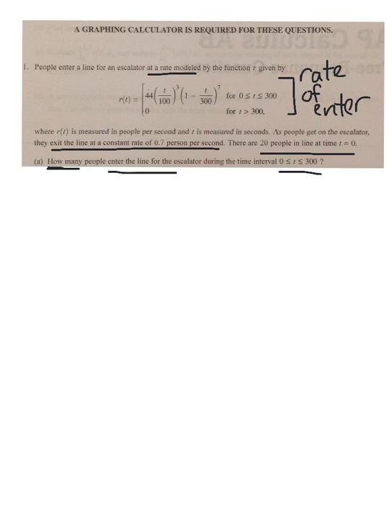So for part A, we are going to integrate from 0 to 300 that R of t equation, the top part of the piecewise function, dt, and then just put this in your calculator. You can put the top part of the piecewise function in your y1, and then just do math 9, and go about your business.